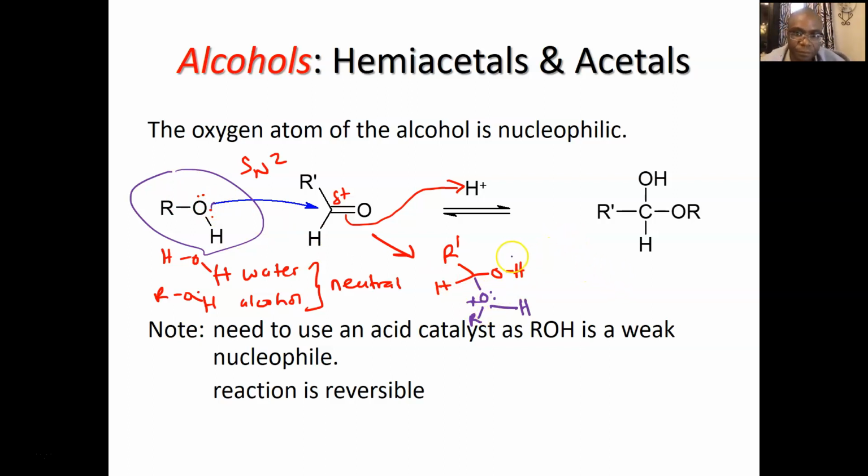Now, from here to here, you want to neutralize this plus charge, so you're going to bring in another alcohol to do what we call proton transfer. I've talked about this step so many times.